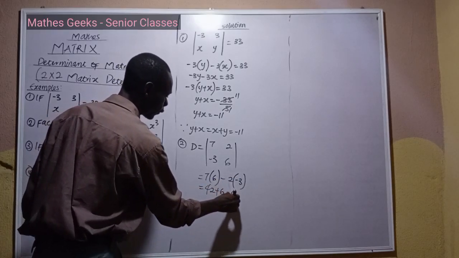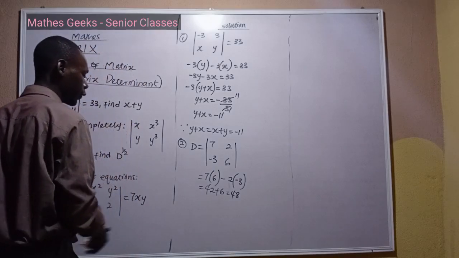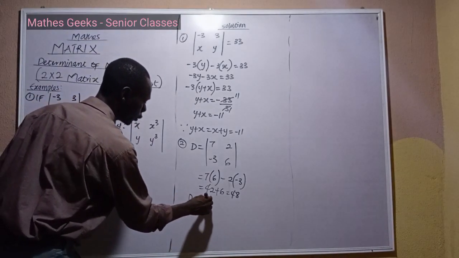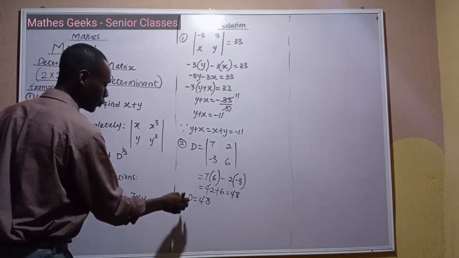So this is equals to 48. So D is 48. The determinant of matrix D is 48.